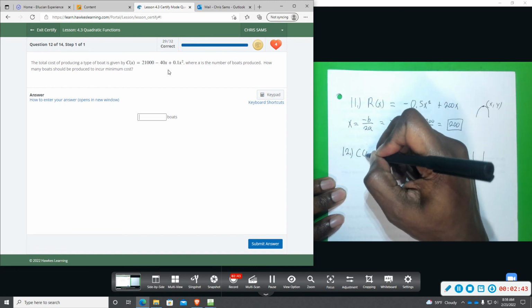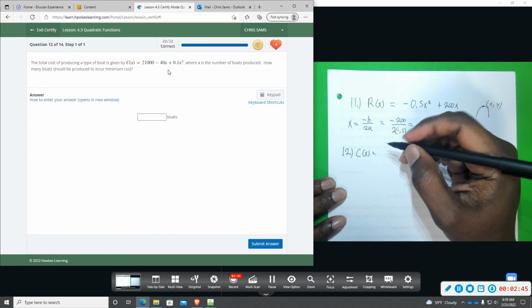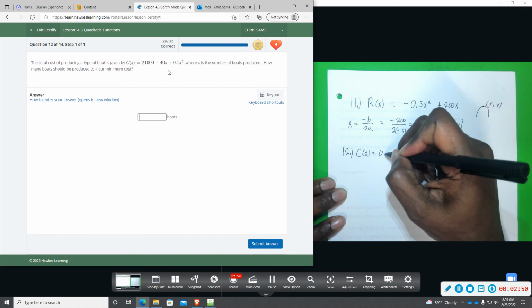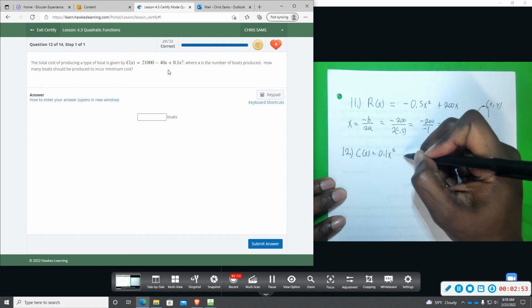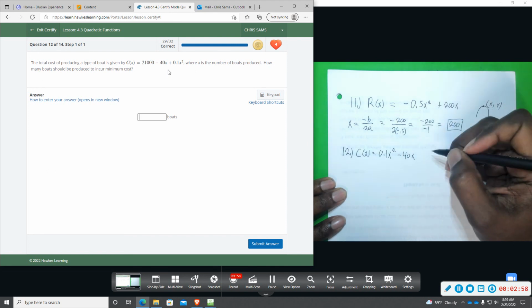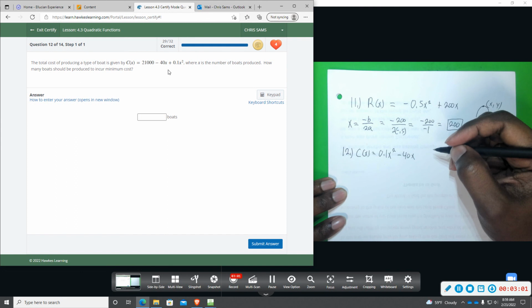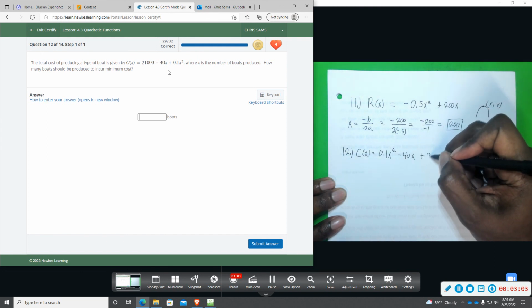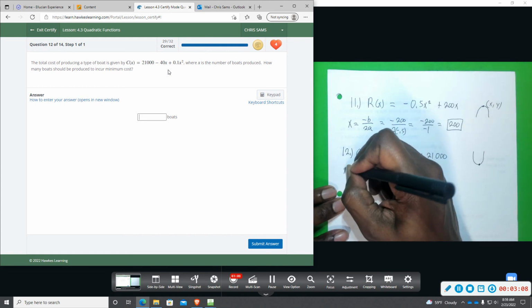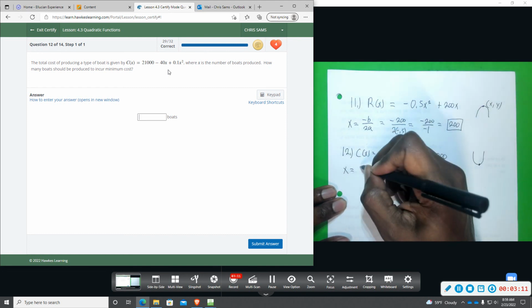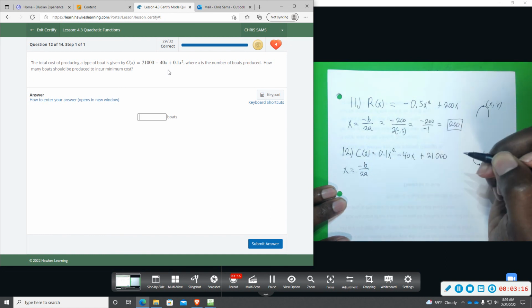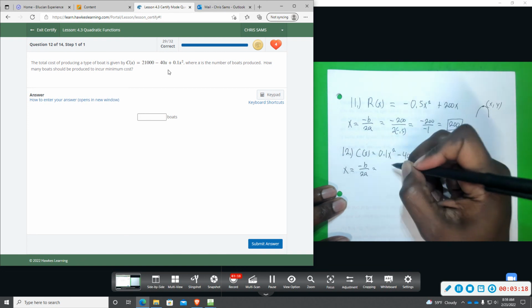C of x is equal to, and I'm going to write it in standard form, so I'm going to write the 0.1 x squared up front, and then minus 40x, and then plus the 21,000. Okay, so I'm going to do the x function, negative b over 2a, and then we're going to plug in a negative 40.